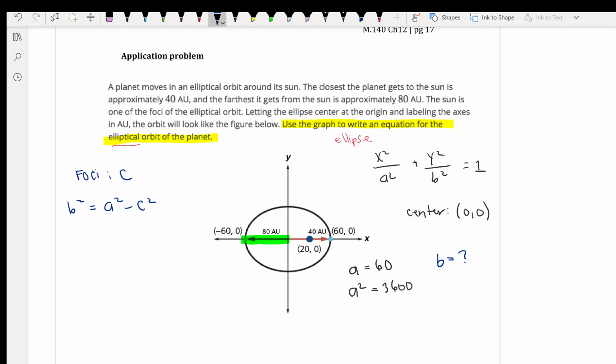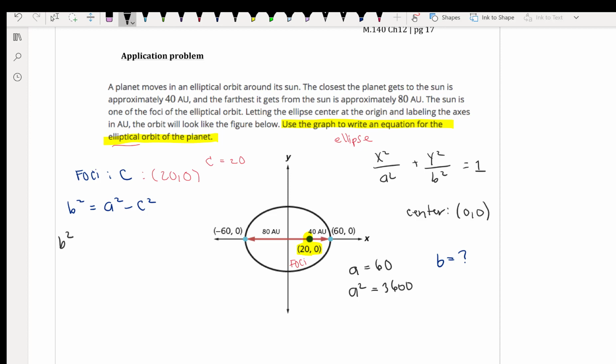So here, the foci is here. That represents the foci. So the foci, in this case, is 20, 0. So it tells me that C is equal to 20. So now I have some values to plug in.